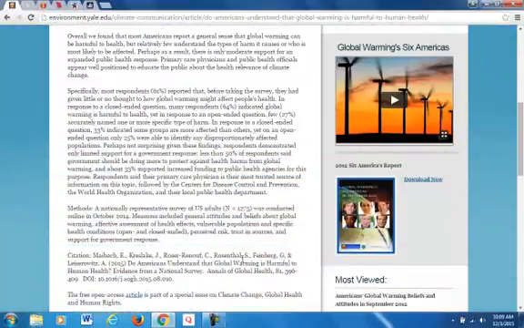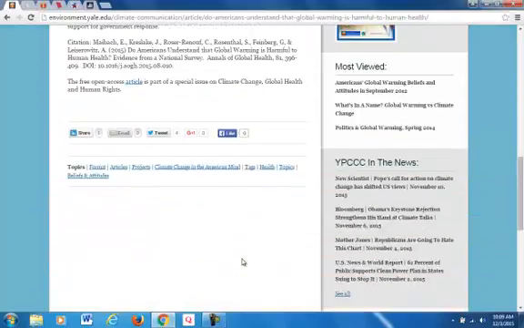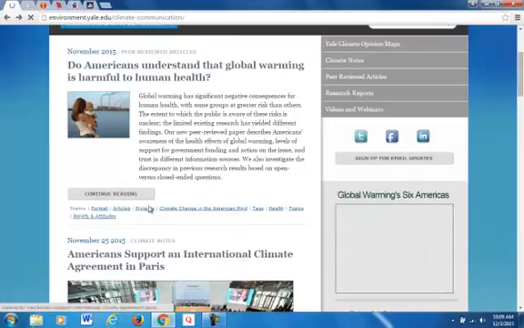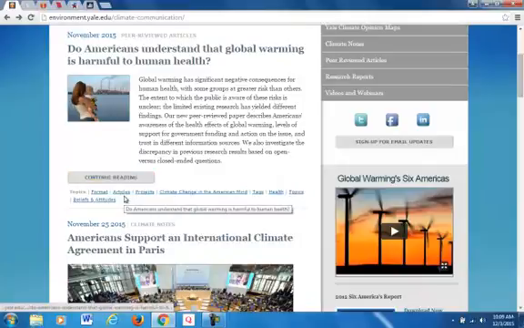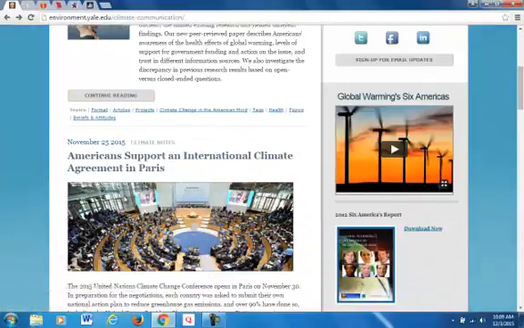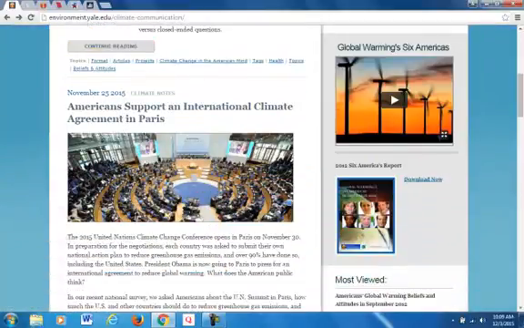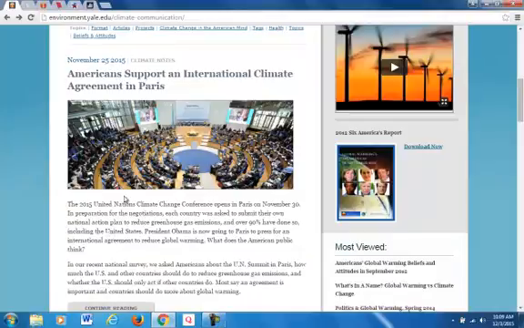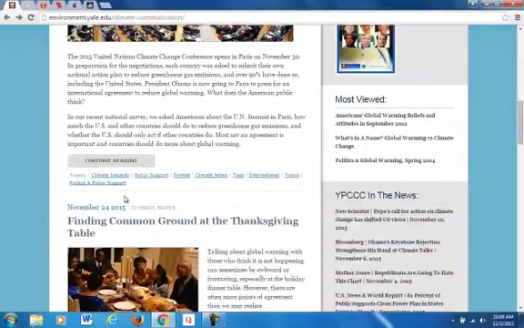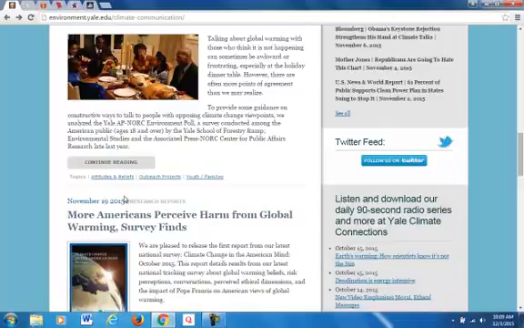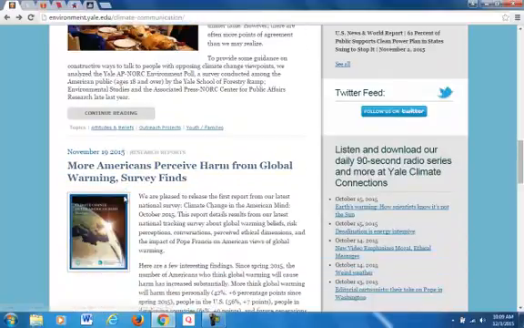They have percentages in here and other information. And they also have different articles, climate notes, and specifics in Paris and other things.